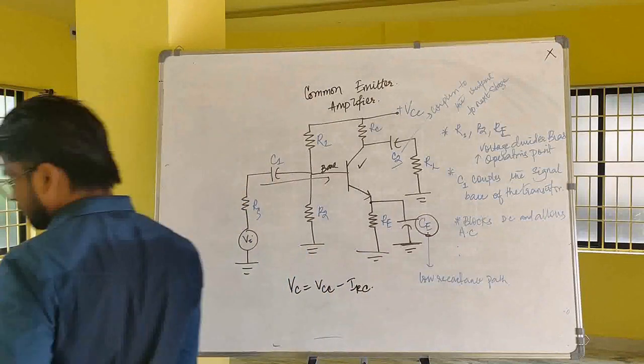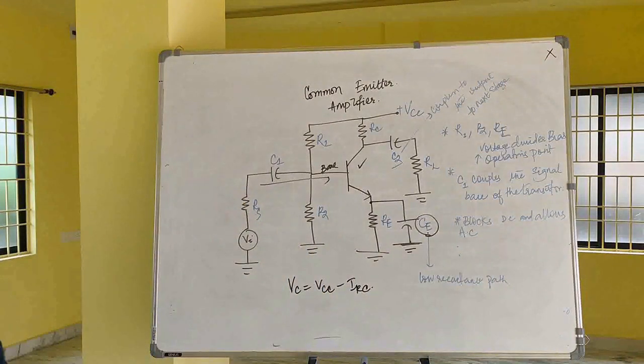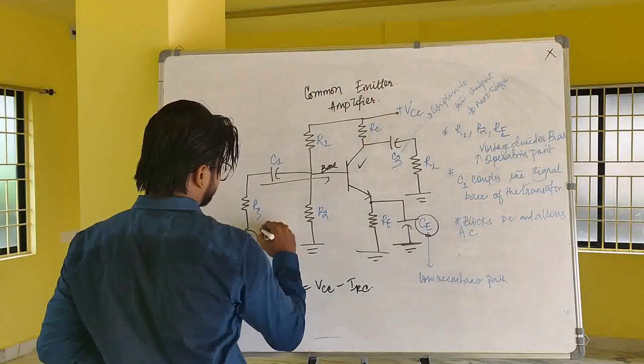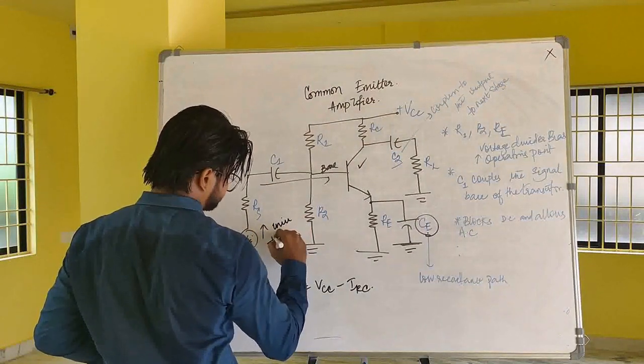Here also, in the same manner, the increase in IC results in a drop in collector voltage Vc, as Vcc is constant. Therefore Vi increases in the positive direction.